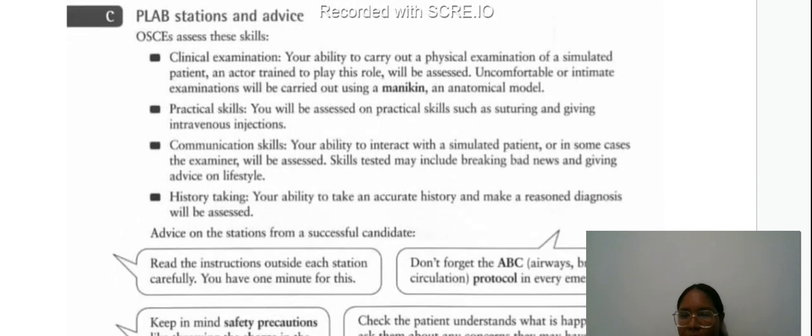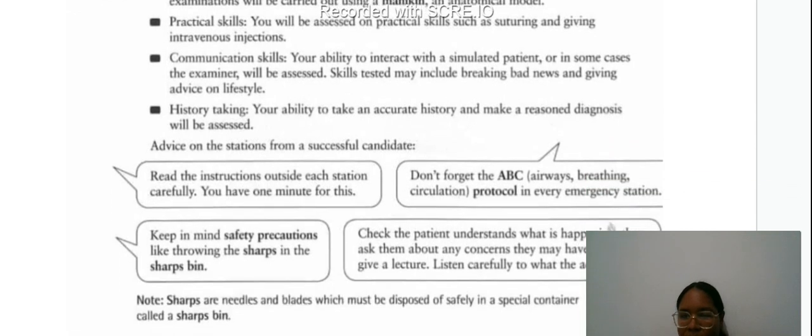See PLAB station advice. Clinical examination: your ability to carry out a physical examination of a simulated patient, an actor trained to play this role, will be assessed. Uncomfortable or intimate examinations will be carried out using a mannequin and anatomical model.